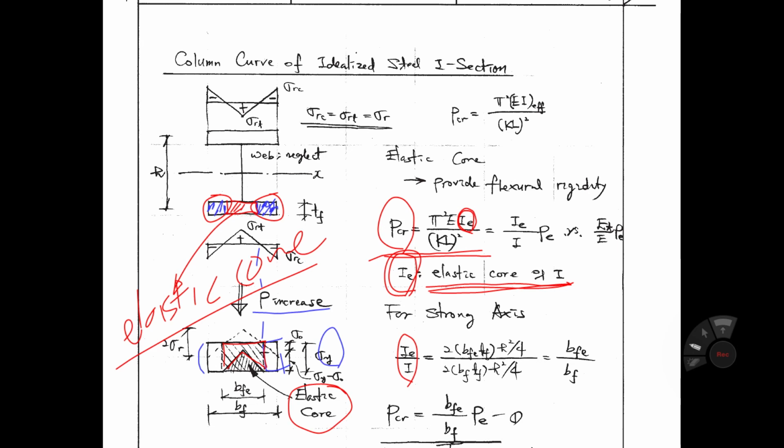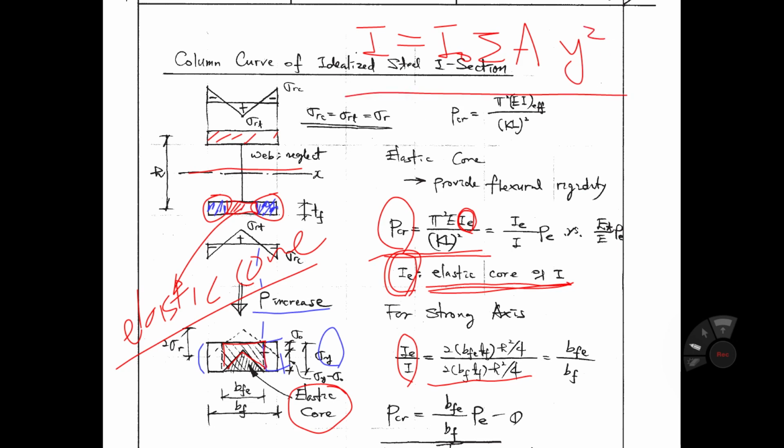What is I? Firstly, this one, this flange, I. How to calculate? So I is I0 plus sum of A y square. Okay? That is the equation. So I0 is along this axis, we can calculate I, but the thickness is very thin, so it can be negligible.